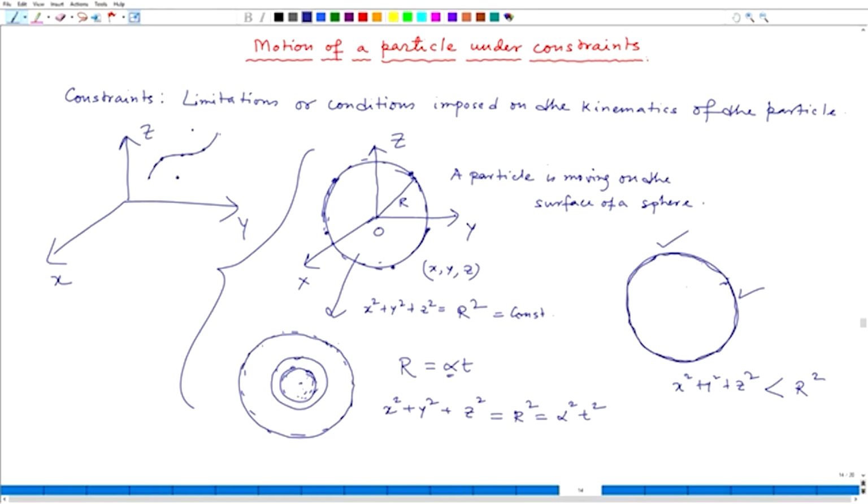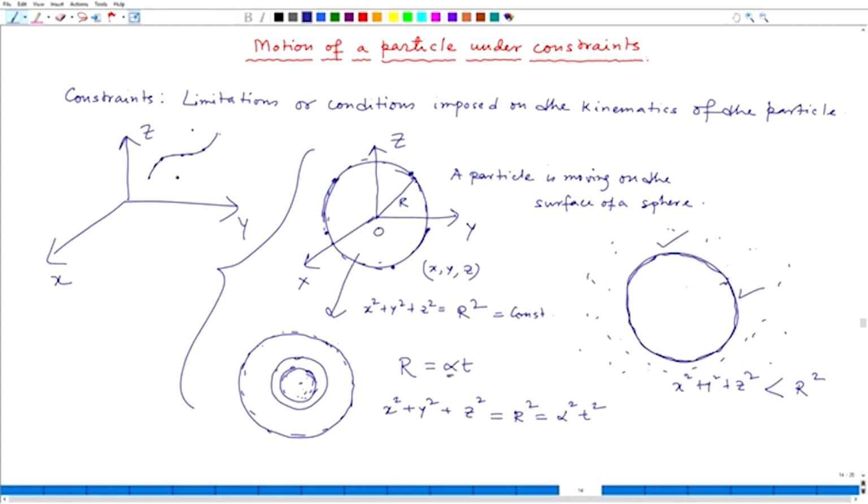I can do the other way around as well. I want a particle which should always be outside the sphere anywhere. I do not have any problem, but this particle should not touch the sphere.